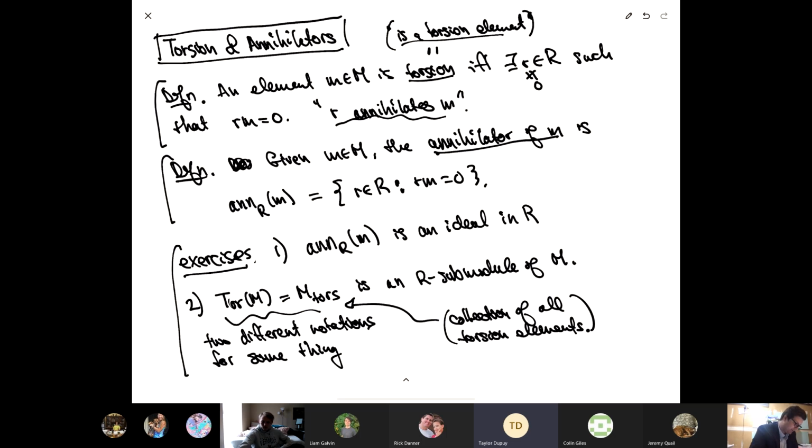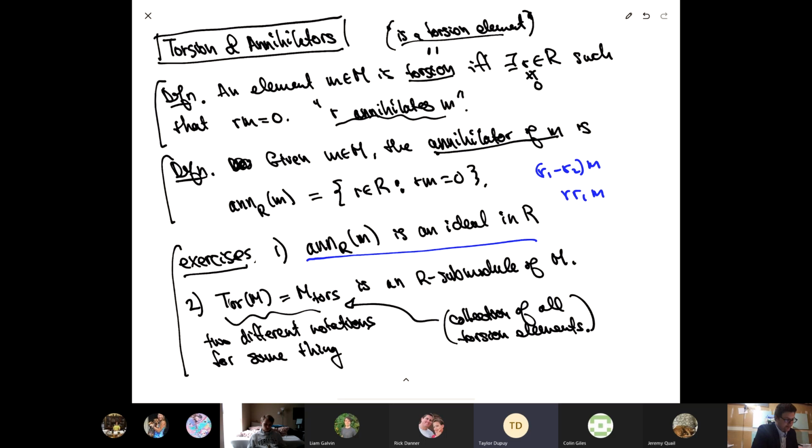Let's talk about number one real quick. This one's easy to see. You just need to take two things that kill m. If r1 kills it and r2 kills it, then r1 minus r2 is going to kill it.